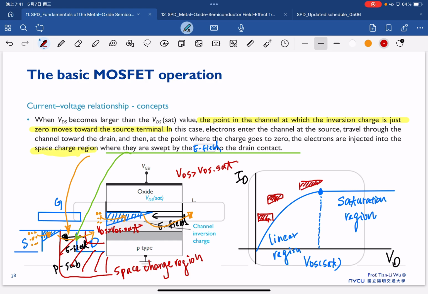And then in the saturation region, our inversion charges in the channel become like in this way. So this is a physics-based understanding for the IDVD from the small VD, medium VD, and large VD, in the end reaching the saturation region.